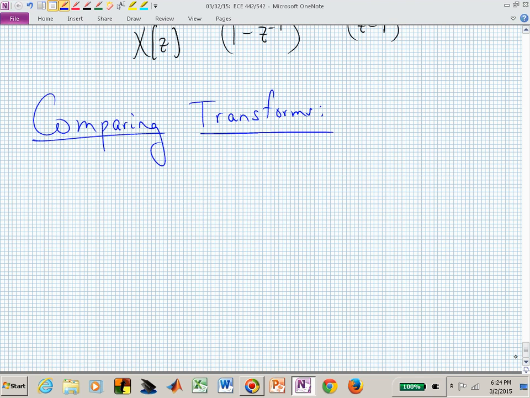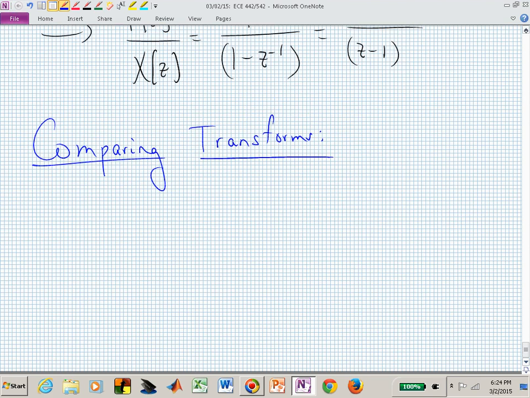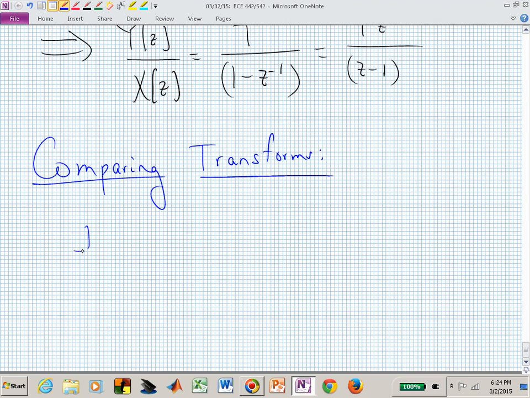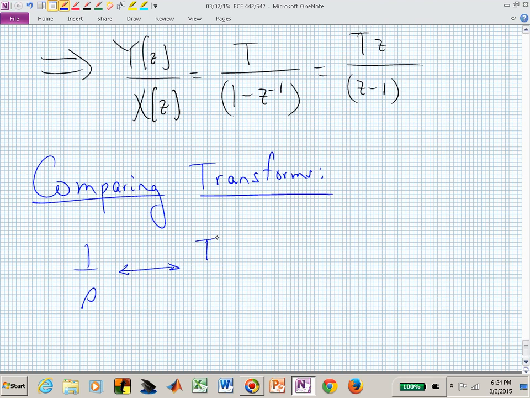We had in the S domain an integration operation was simply this 1 over S. Now that becomes what we have right here, which is Tz over z minus 1. But we may not want to think upside down, so we invert everything and relate S now, or replace S everywhere, with this backward rule.